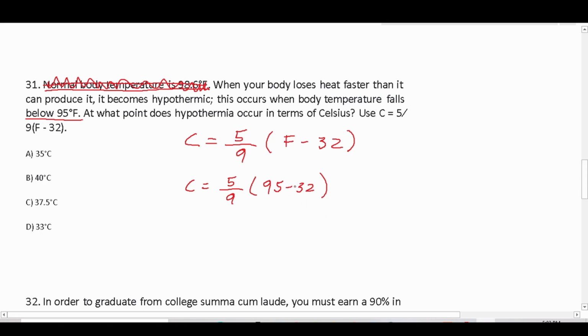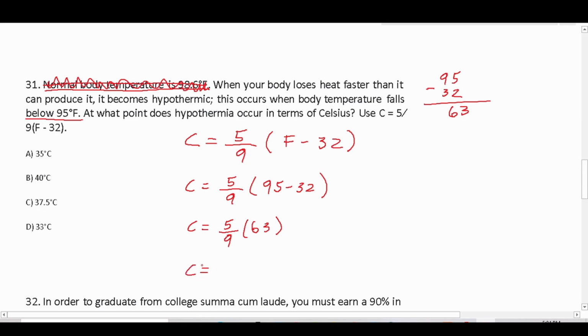Let's go ahead and work this off to the side. We have 95 minus 32. 5 minus 2 is 3. 9 minus 3 is 6. Okay, so let's go ahead and keep working this out. This is 5/9 times 95 minus 32, which is 63.